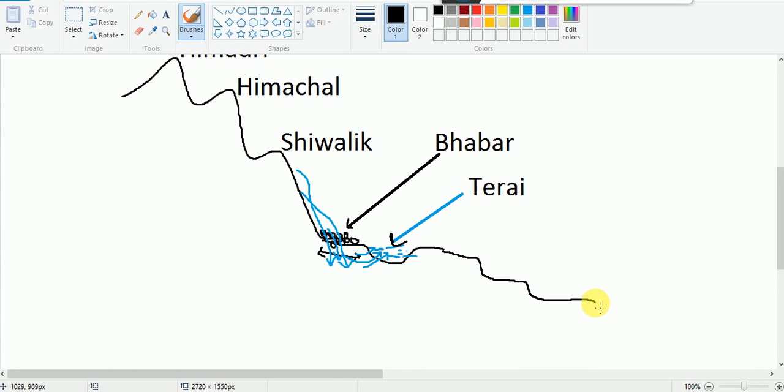So these are the terraces, and let us say this is the Ganga river, and again these are the terraces, and so these are the levees, embankments. They may be formed by nature as well as by human beings. And this is the Ganga river.